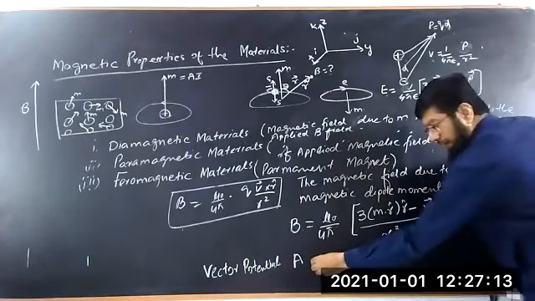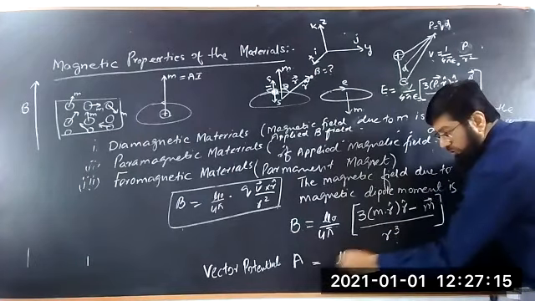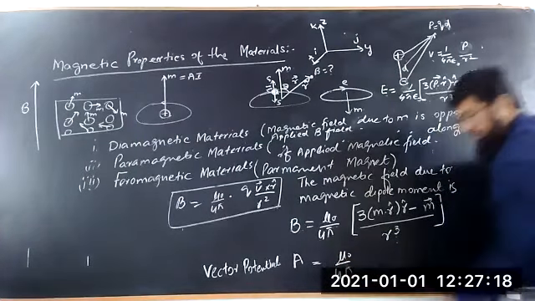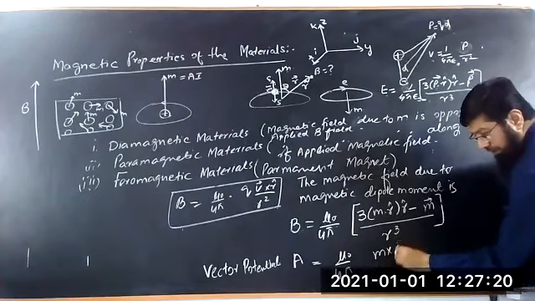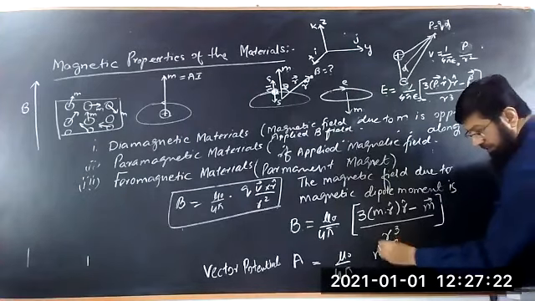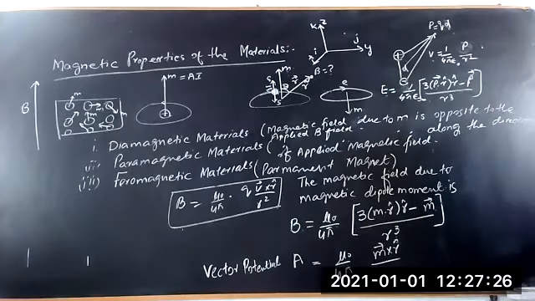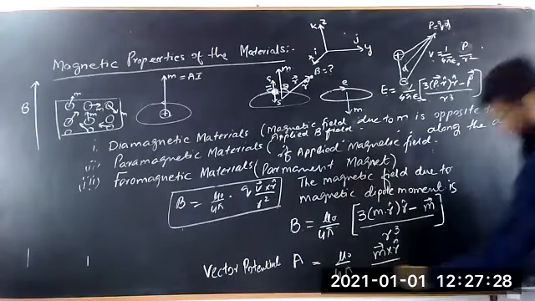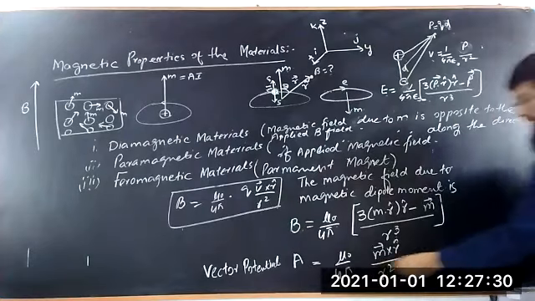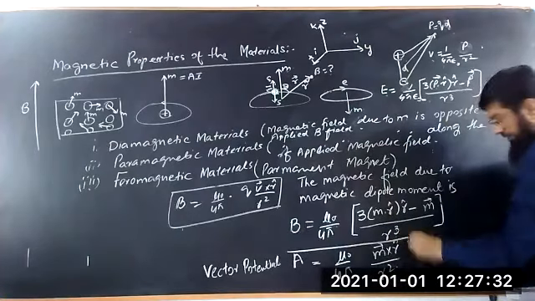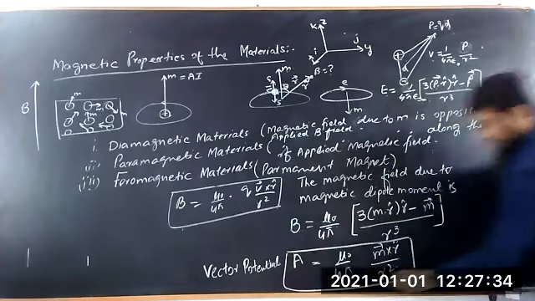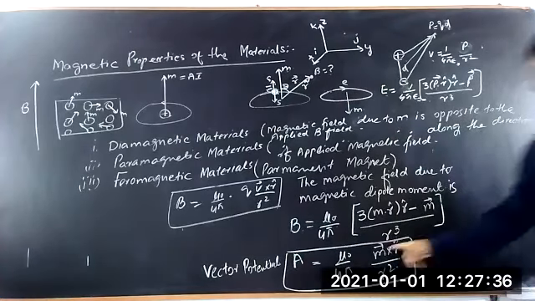Vector potential A is equal to mu naught over 4 pi, M cross R, where M is a vector and R is a unit vector, divided by R square. This is the vector potential due to the magnetic dipole.